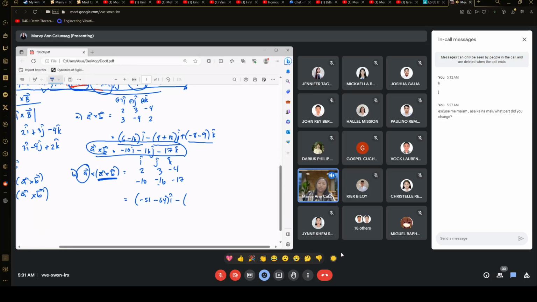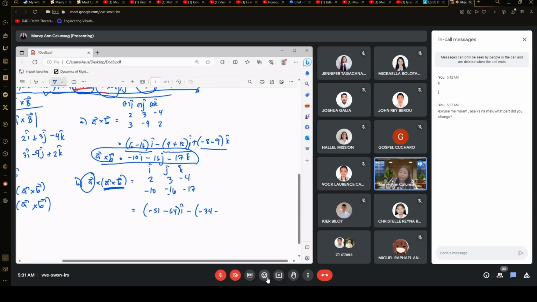to multiplication. 2 times negative 17 is negative 34. Minus, you put the minus, negative 10 times negative 4 is positive 40. So negative times positive is negative 40, j.